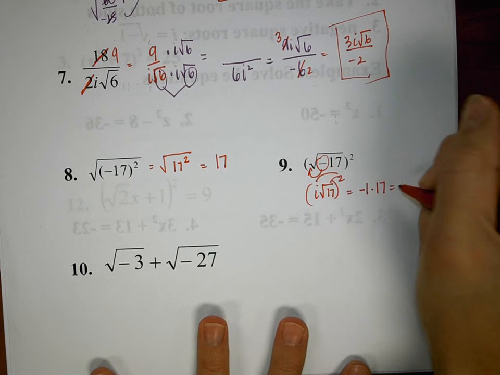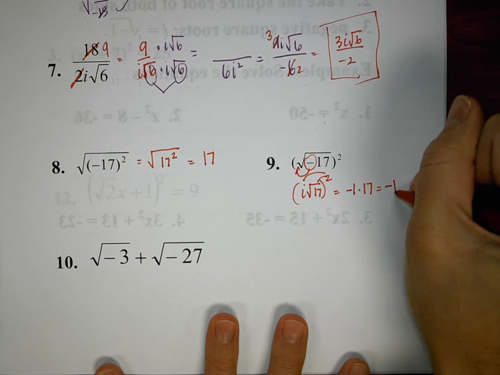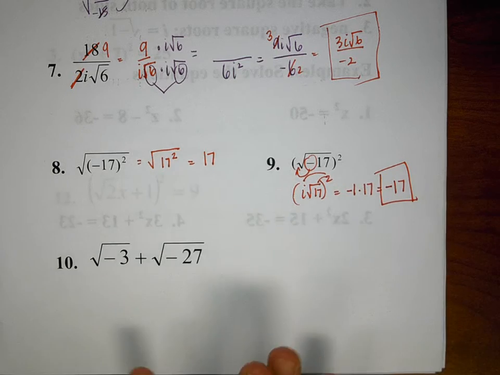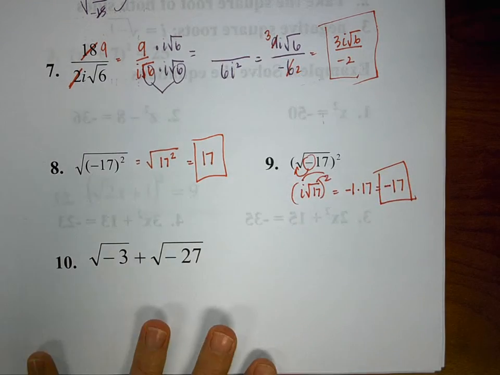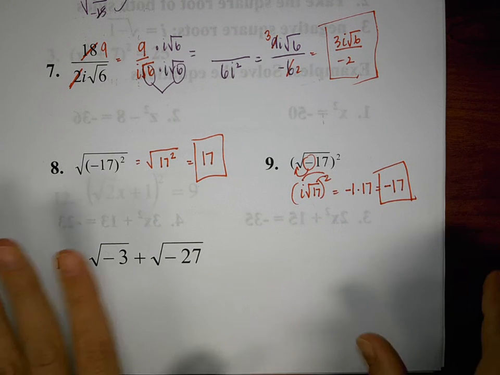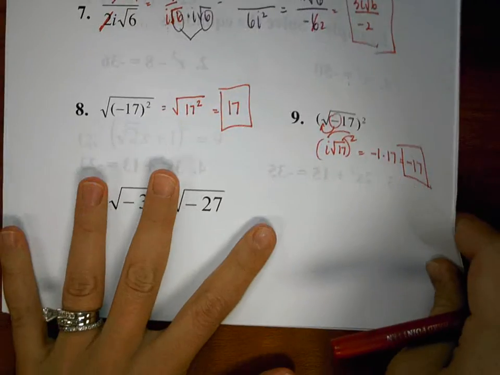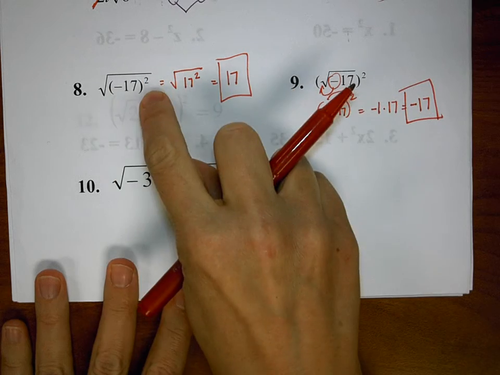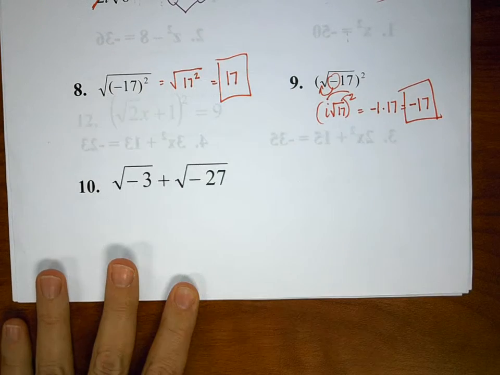So I end up getting negative 17. So those answers are different. So you always need to simplify your parentheses first and work your way out. Wait, why didn't we have a negative on 8? Because you squared, we took care of this parenthesis first, so we squared the negative, which made it a positive.